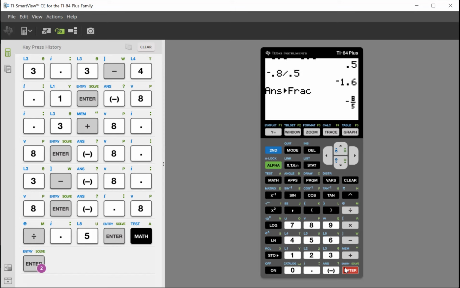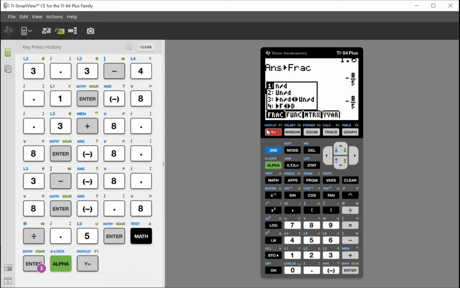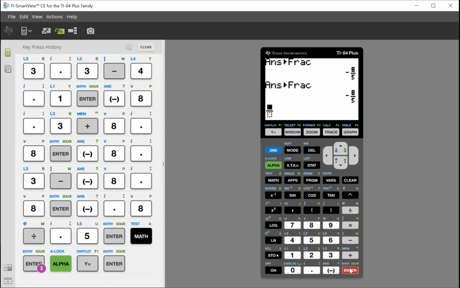Now y'all watch this. So say I wanted to start where I had the negative 0.8 over 0.5. Watch what can happen. If I hit the alpha y equals button and see that number 1 is highlighted, if I hit enter, that makes it look like a fraction.